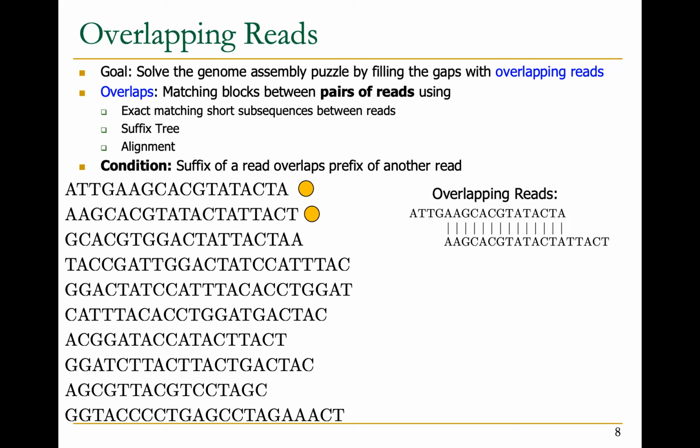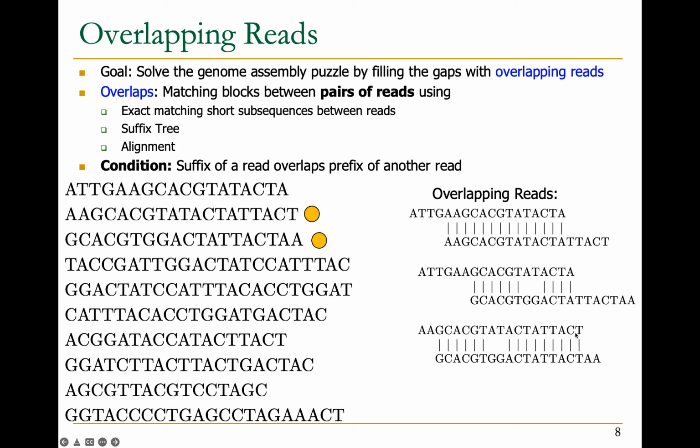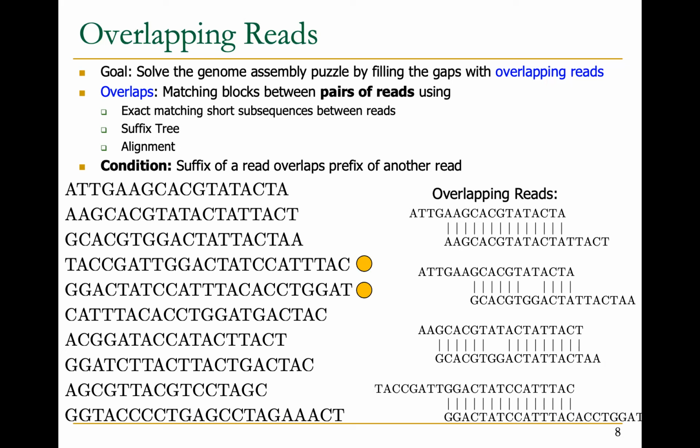And these are some examples of overlapping reads. For example, these two reads overlap at these locations, these regions that are shown. For example, there's an overlap between this and this, between this and this, and this and this. So all right, we can find the overlaps between a pair of reads, right? And then they seem to be independent from each other for now.